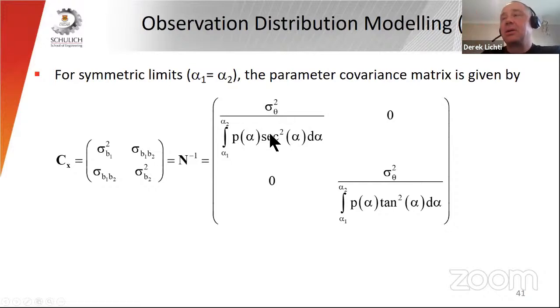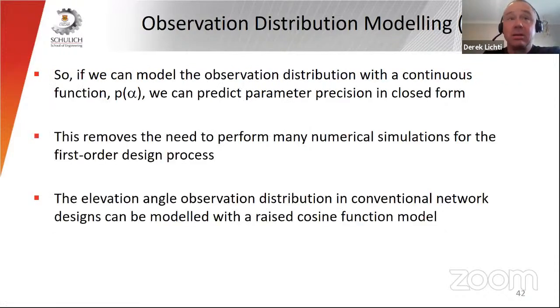So this is how the observation distribution factors into the precision of these parameters. So if we can model the observation distribution with a continuous function, we can predict parameter precision in closed form. So we don't have to perform any numerical simulations in our first order design.